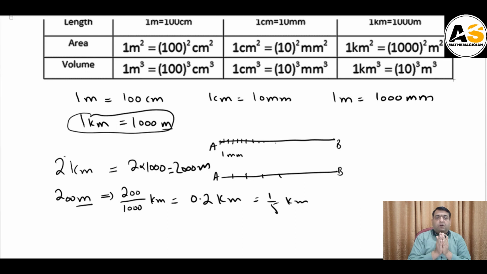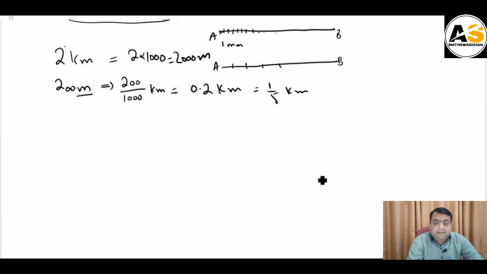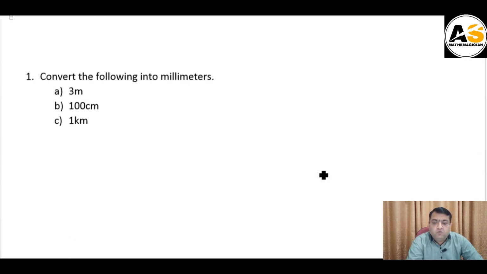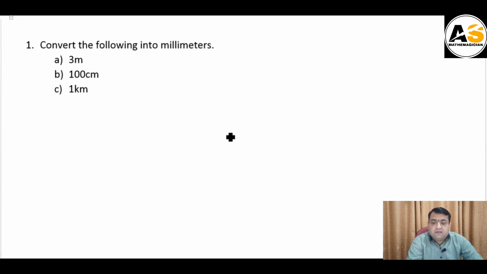If we want to convert a larger unit into a smaller one, we multiply, and if we want to convert a smaller unit into a larger unit, we divide. Before moving further, let us solve some questions. We are asked to convert all these into millimeters.